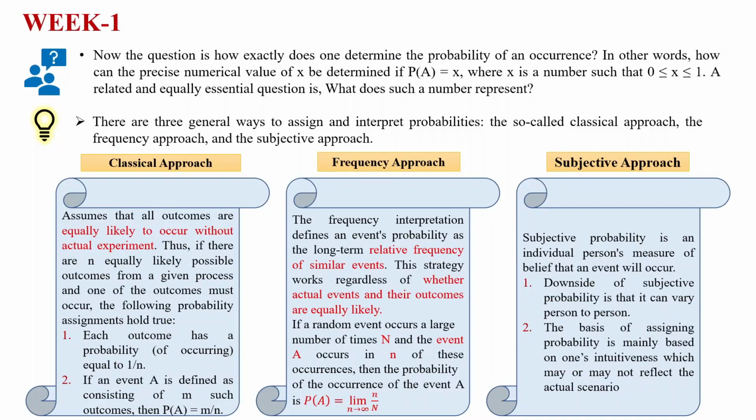Suppose you are waiting, and it can vary from person to person. The downside is that this subjective probability is not mathematically calculated, and it doesn't look at the data. It comes just from the intuition of a person or their past experience, and it can vary from person to person.